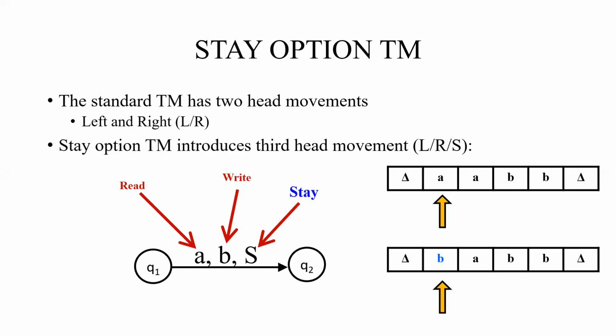That means instead of moving left or right, the head can stay as it is on the same cell. Just see this, I have shown it by a capital symbol S, the stay option machine: it reads A from the tape, writes B on that particular cell, and stays there only. The head is neither moving left nor moving right.